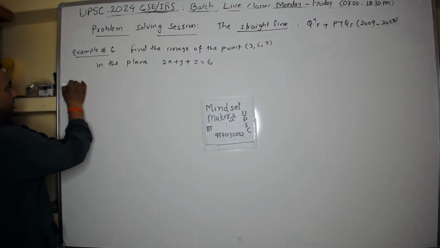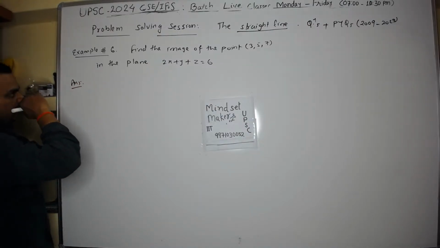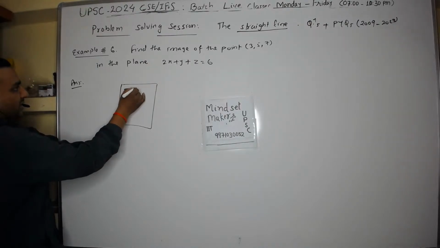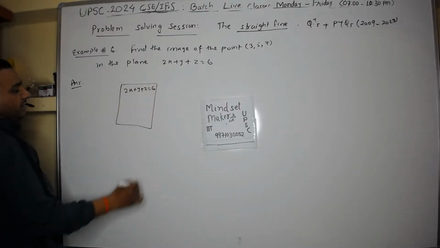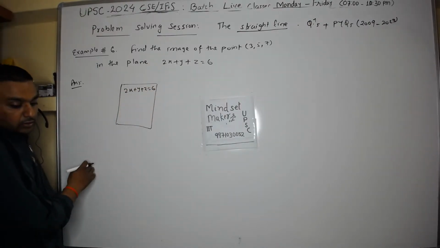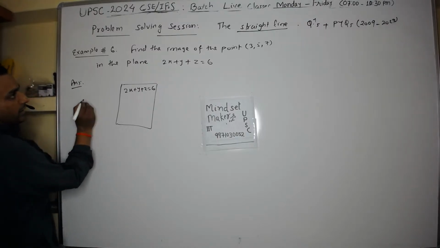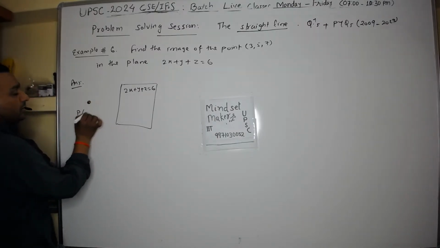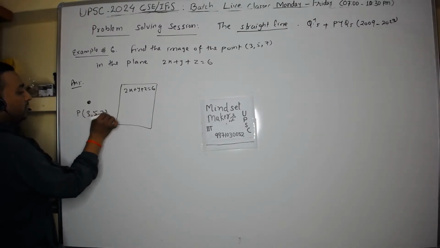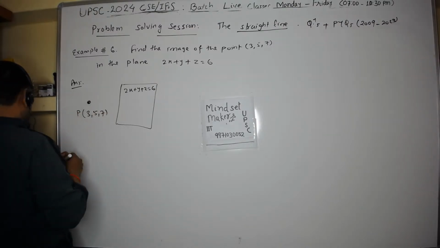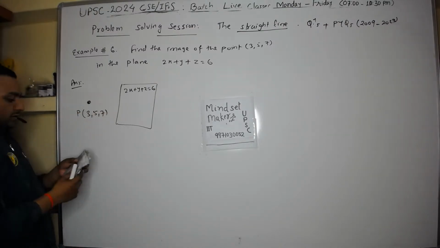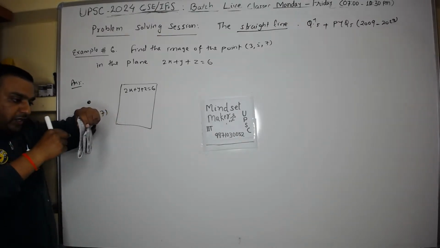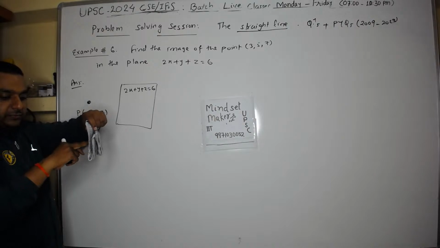Be on the board, please, everyone. Okay, what does it say? Suppose that we have this plane, and the plane is 2x plus y plus 6z equals 6. Now, let's say this is the point P. I want the image of this. If you want to imagine, suppose this is the plane and this is a point whose image you want in this plane.